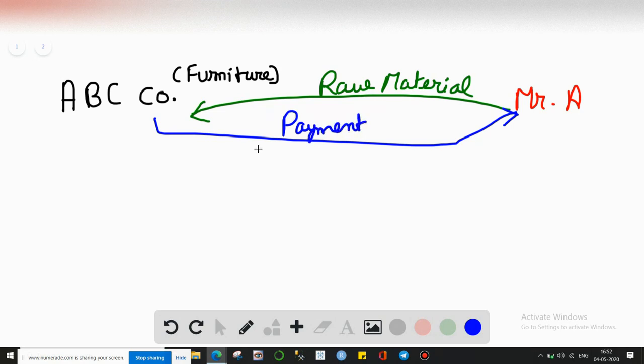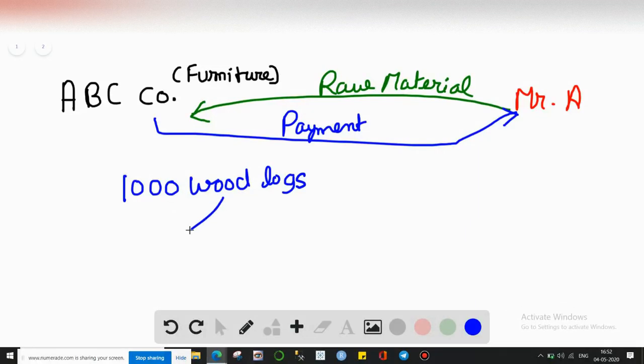That is simple to understand. But now what happens? There is some portion of raw material which is not processed during the current year. To understand it, let's suppose Mr. A has sold 1,000 wood logs to ABC company.